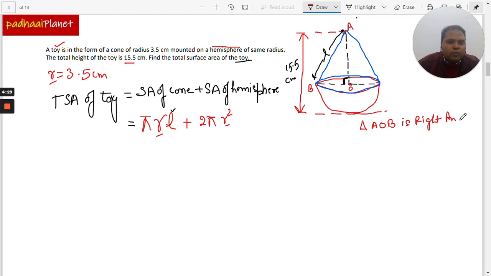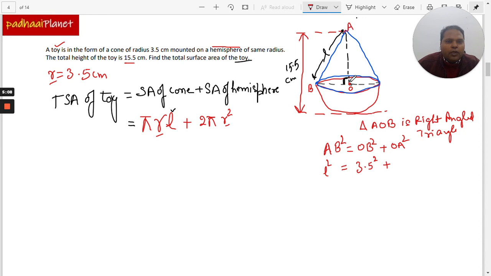So with the help of Pythagoras, we can simply say that AB square is equal to OB square plus OA square. Now AB is nothing but L, so we will write L square, and OB is the radius of the circle, which is 3.5, already given. So this is 3.5 whole square, plus OA.